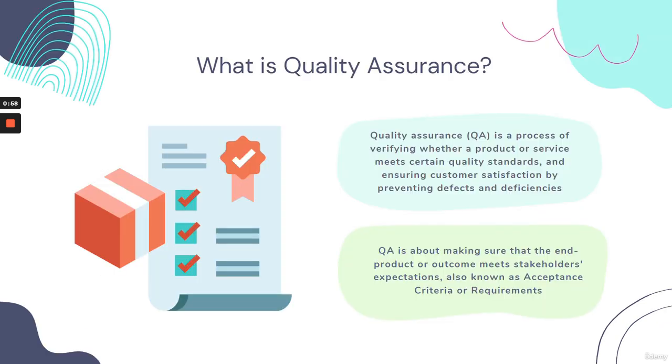What is quality assurance? Quality assurance is a process of verifying whether a product or service meets certain quality standards and ensuring customer satisfaction by preventing defects and deficiencies in the system.